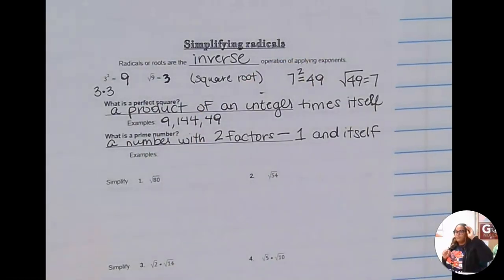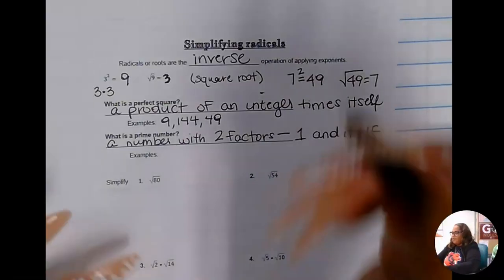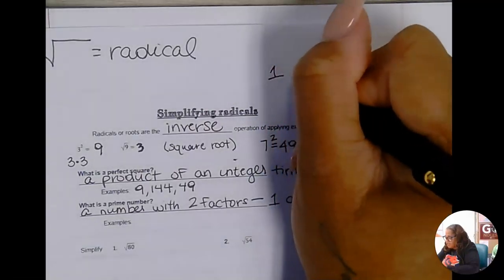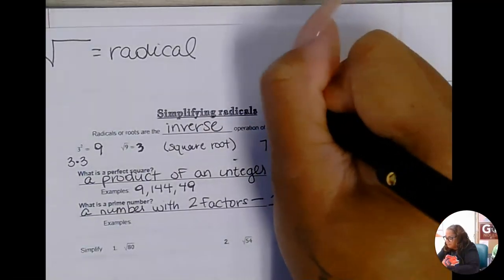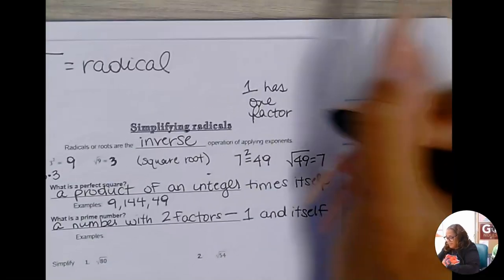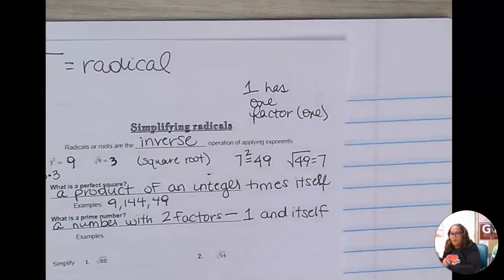I know 1. What's a prime number? 1. Ooh, close. 1 is a special case. It's called a unit. 1 is a special case because it only has 1 factor. Thank you for bringing that up, actually. That's why I did it. I knew where we were going.